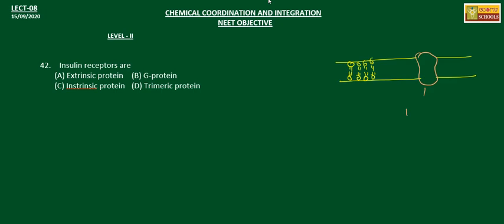This is an intrinsic protein. And some proteins will be seen on the surface of the membrane. This is an extrinsic protein, right?